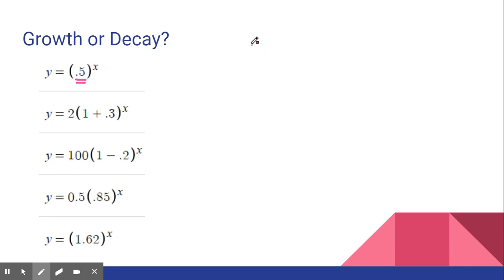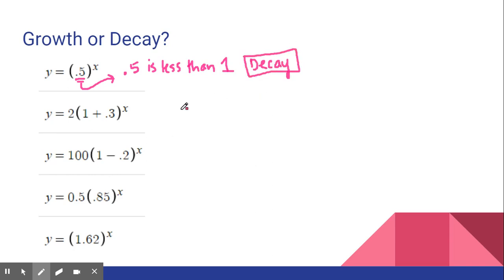When that number, which we called the 1 minus r value, sometimes we call that the b value, when that number is less than 1, we are going to have a decay. So because 0.5 is less than 1, this means we have a decay graph.